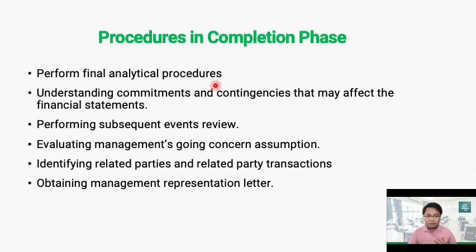So we can perform those types of procedures that we discussed before, like for example, test of reasonableness and comparing the final figures now with the prior figures, whether the significant differences are properly accounted for, as part of our final analytical review.